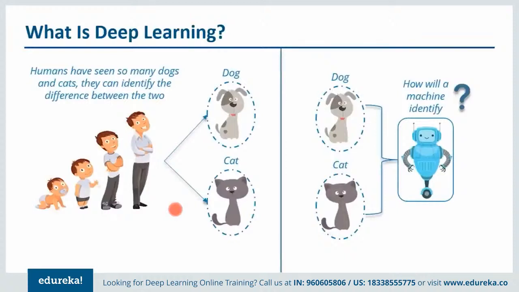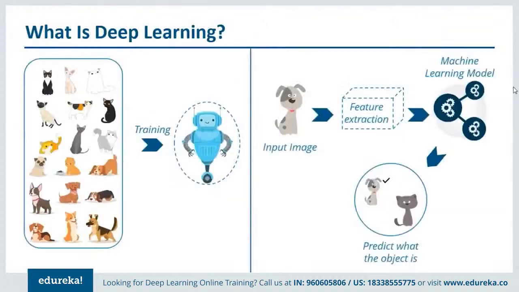But what if I want a machine to do that task for me? How will a machine identify whether the given image is of a dog or a cat? One way of doing that is we can train our machine on a lot of images of different cats and dogs, that is different breeds of cats and dogs. And then once our training is done, we can provide it with an input image.